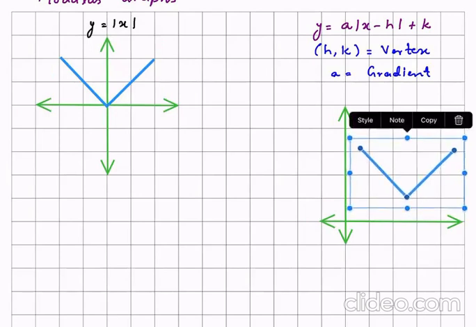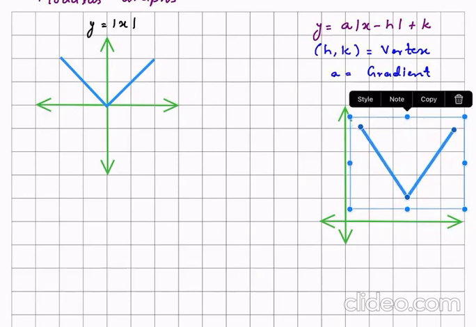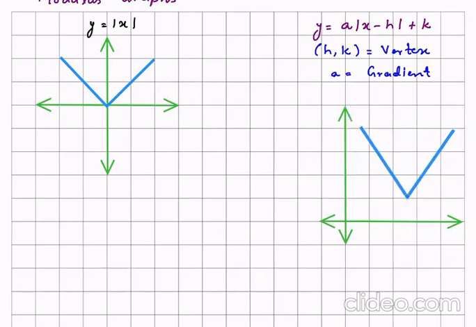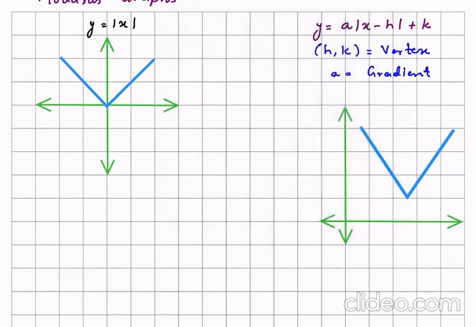Let's say this is the graph we are having. Okay. So now we have to look at what h, k is here. So basically this point is the vertex point, that is h comma k.